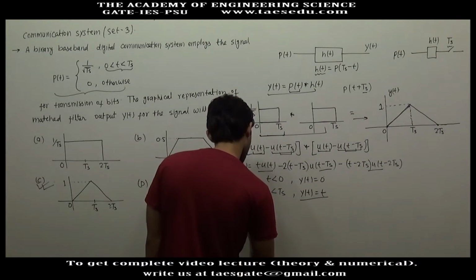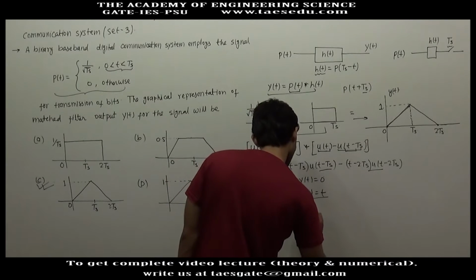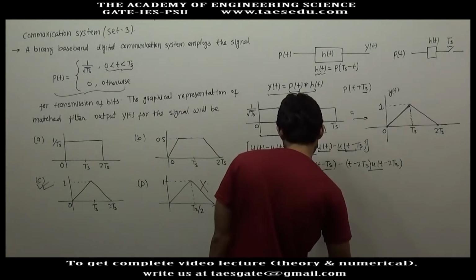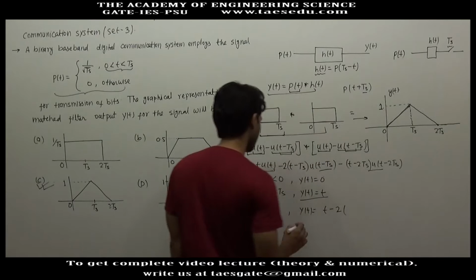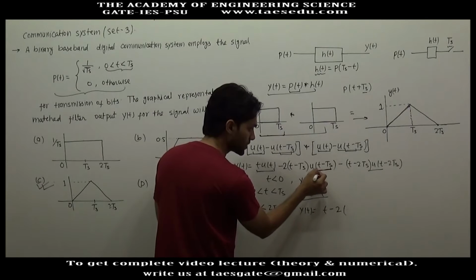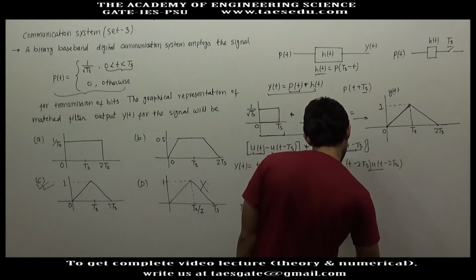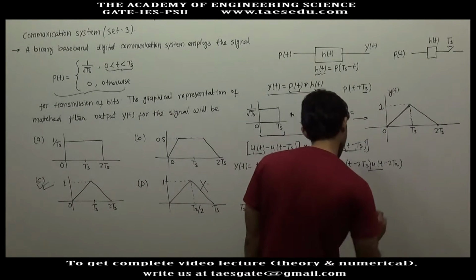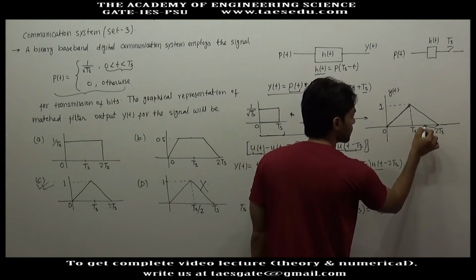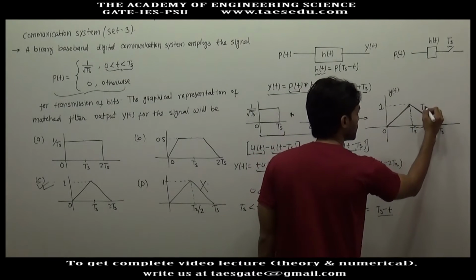For t greater than ts and less than 2 ts, yt will be, this will give you t minus 2 into, since t is greater than ts, so here you will have greater than 0 and this quantity will be 1, minus 2 ts. So this is ts minus t. So for the range t between ts to 2 ts, the equation of this line is ts minus t.